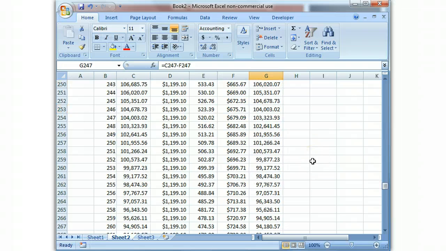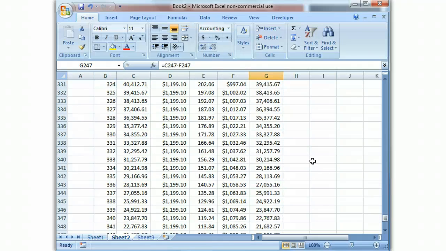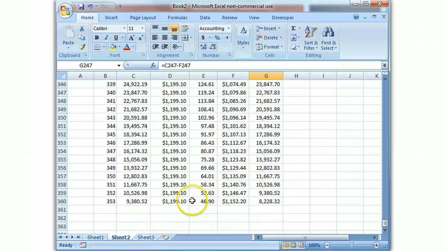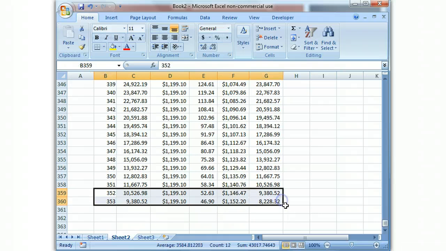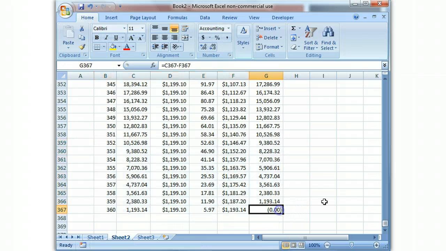And then fortunately, later on you begin to really pay faster, because out of the $1,199, most of the money goes to reducing the principal. And if we keep doing this all the way down to 360, we end up not owing anything. So this was an example of how to do this using amortization tables.